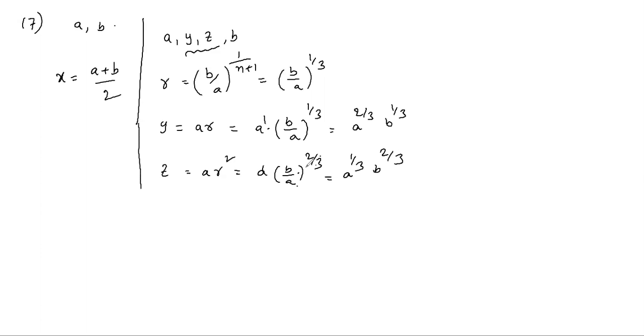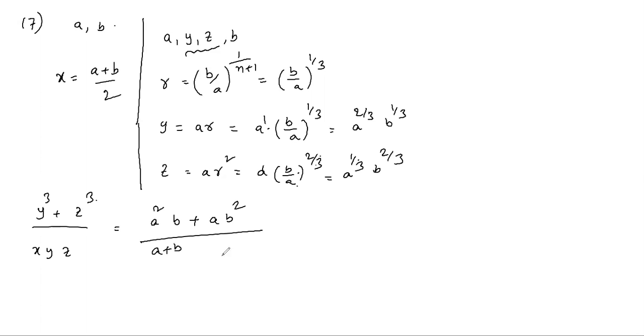Now what you have to simplify: Y cube plus Z cube by X, Y, Z. Y cube, A power 2 by 3 whole cube, is A square B. Z cube, A power 1 by 3 whole cube, is A B square, by X, Y, Z. What is the X value? A plus B by 2. Y into Z is A power 2 by 3, B power 1 by 3 into A power 1 by 3, B power 2 by 3.